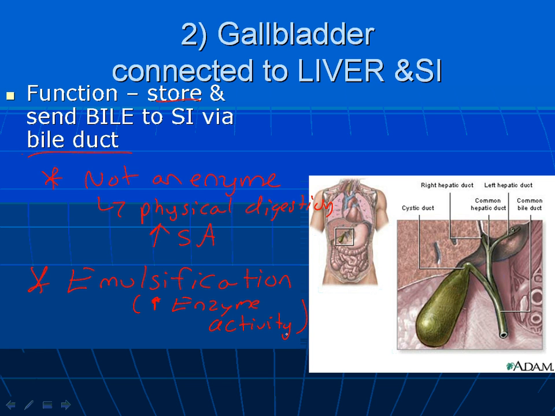Hopefully this color and the size is big enough. Give me the feedback if it's not, just because I know you guys will be watching on small devices. The other thing too is that bile is made by the liver.